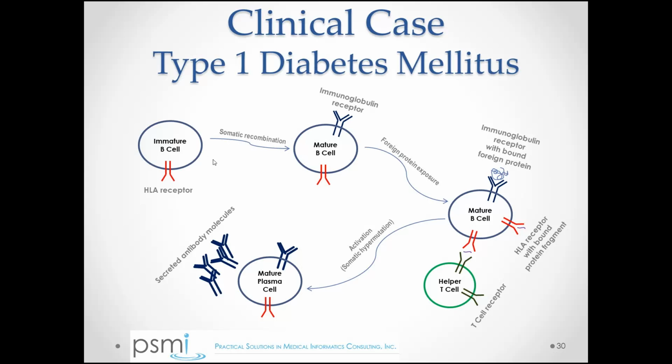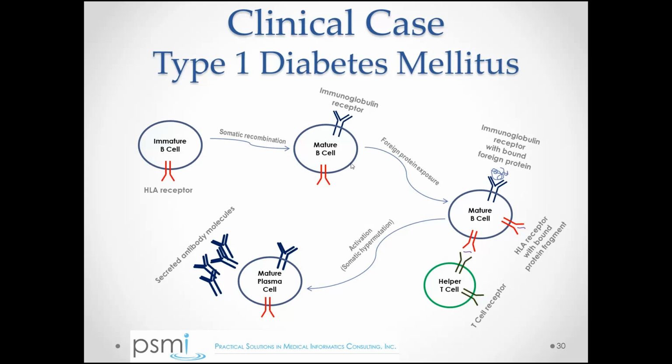Somatic recombination of a different immature B cell will result in a mature B cell that has a different immunoglobulin receptor on it because it's altered its DNA in a different way. And so as your B cells mature and go through this process of somatic recombination, you wind up getting mature B cells that differ from one another because they've recombined their genes in a different way.